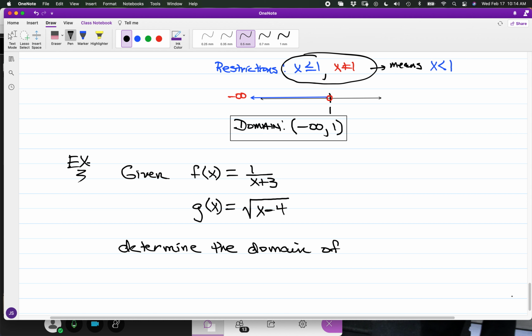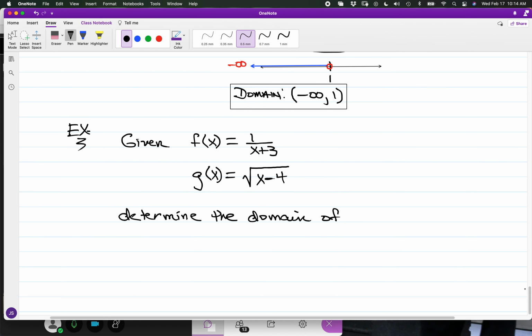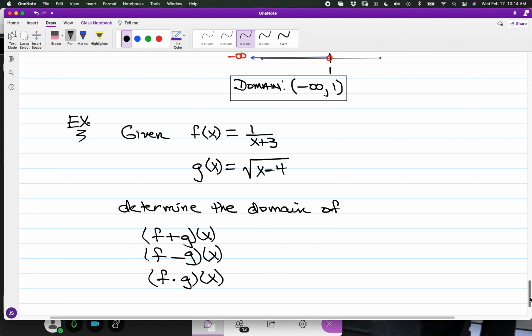Say we have determining the domain for f plus g of x, f minus g of x, and f times g of x.